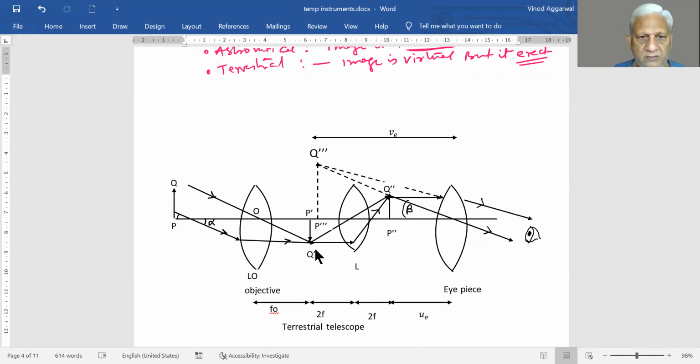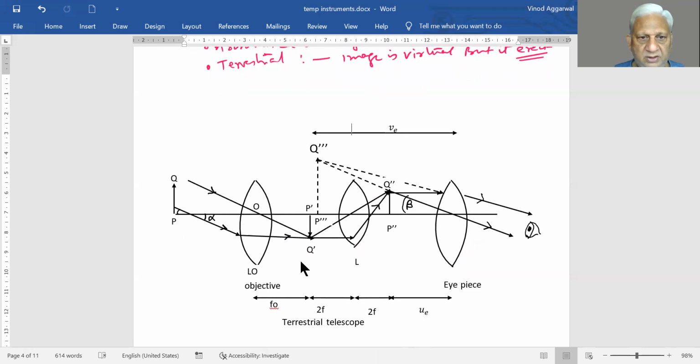Okay. Now if we take some distances, rays coming parallel are focused on a focal point. So this distance, which is this, is focal length of objective. We place this object at 2f so that the image is also formed at 2f. So this distance and this distance will be same as 2f each.